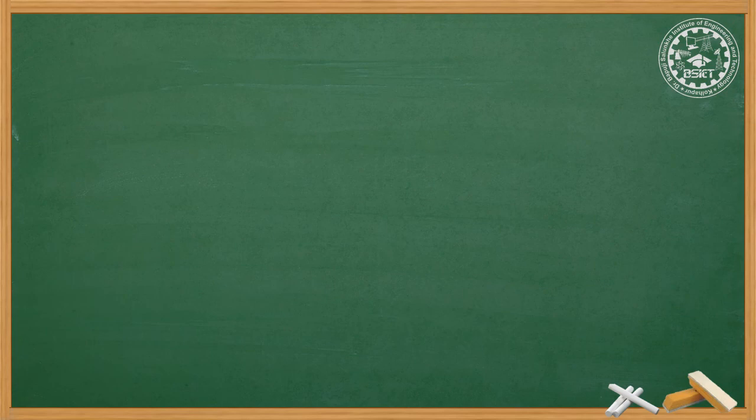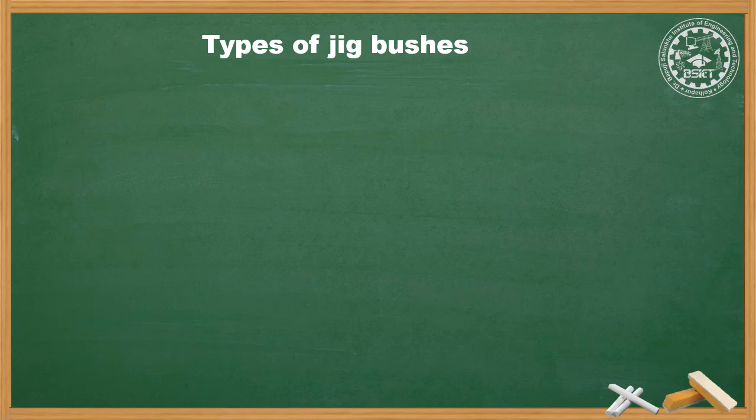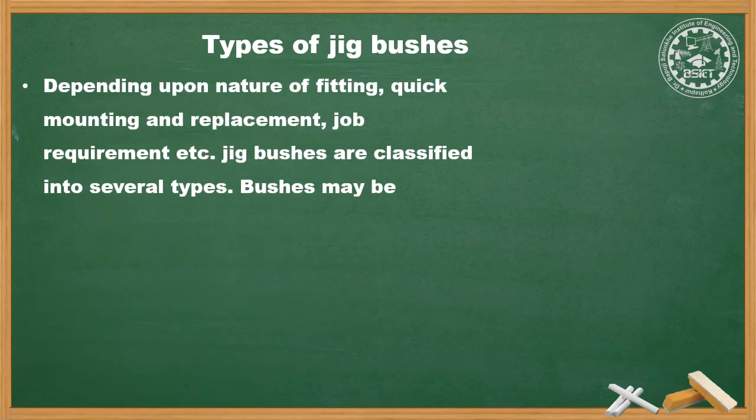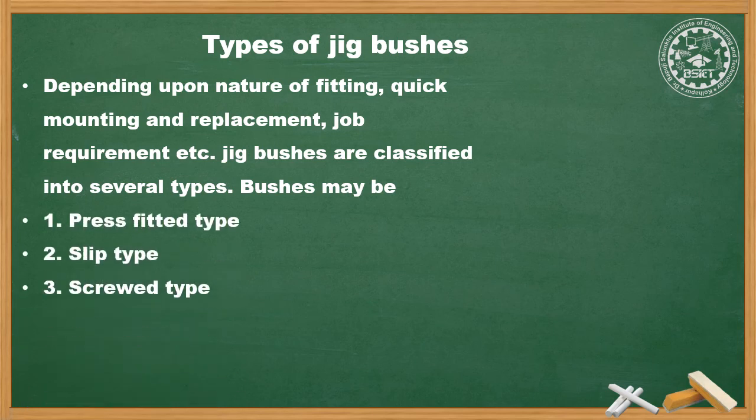The types of jig bushes commonly used depend upon the nature of fitting, quick mounting and replacement, job requirement, etc. Jig bushes are classified into several types. Bushes may be classified into three basic types, that is press fitted type, slip type or screw type.